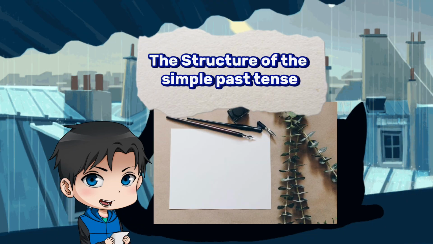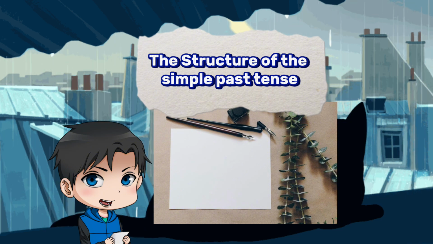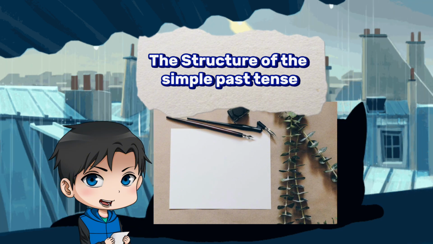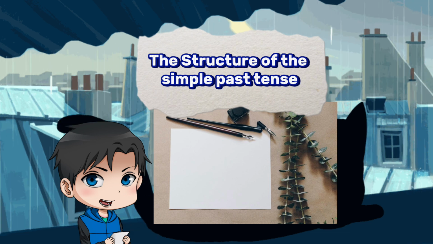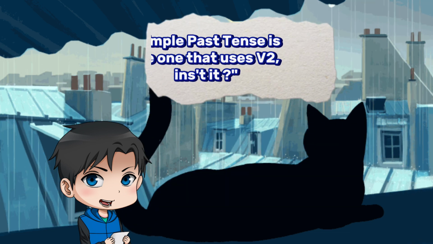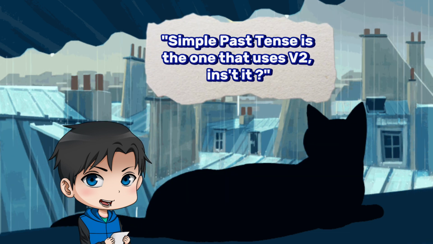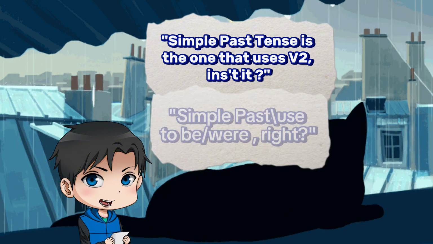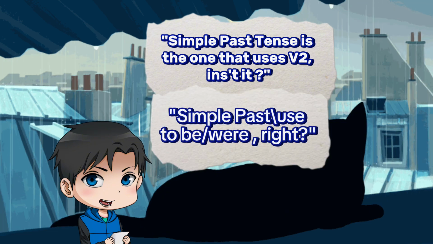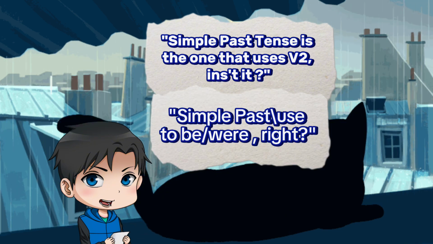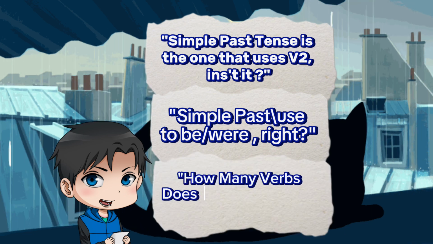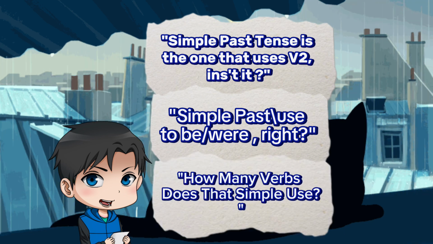The structure of the simple past tense is sometimes confusing. Have you ever been asked, smart friend, like this? Simple past tense is the one that uses verb to, isn't it? Simple past or used to be or were, right? How many verbs does past simple use?